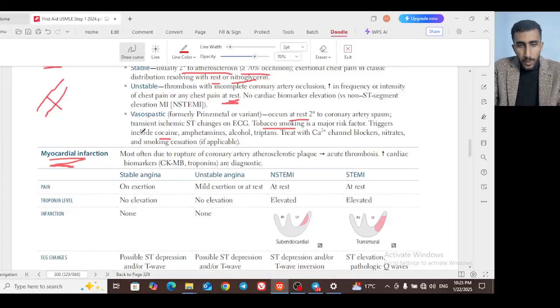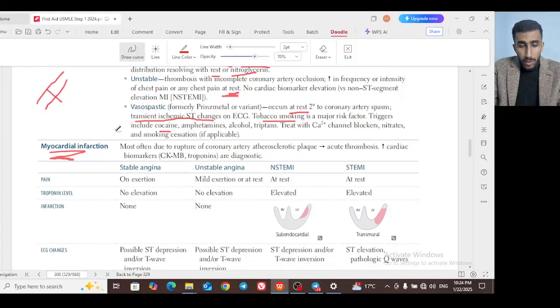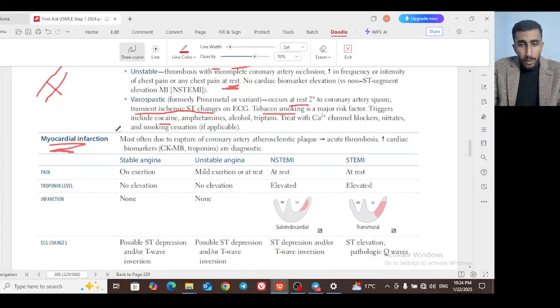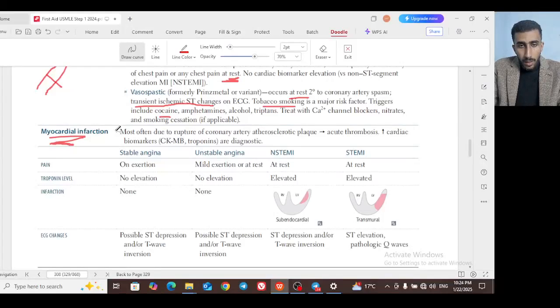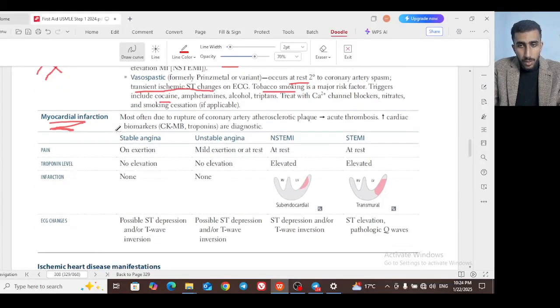When you do an ECG, you will find transient ischemic ST changes. You will capture this only when the patient has the attack. If the patient does not have the attack, the ECG will be normal. Only if the patient has the attack will you notice the transient ischemic ST changes.